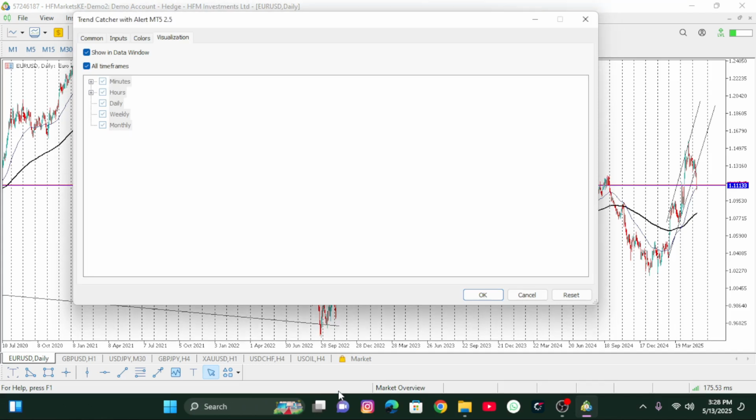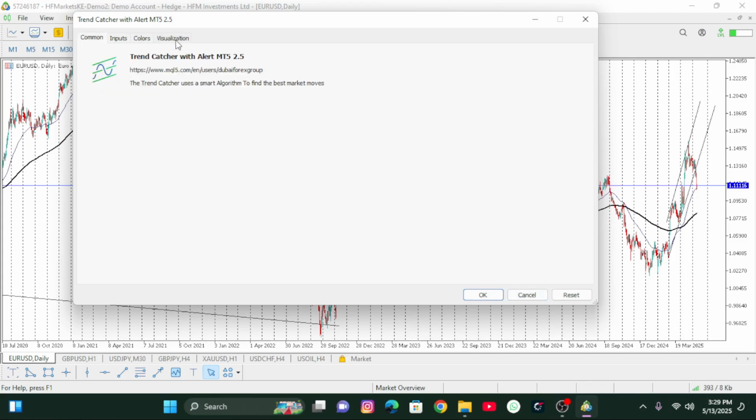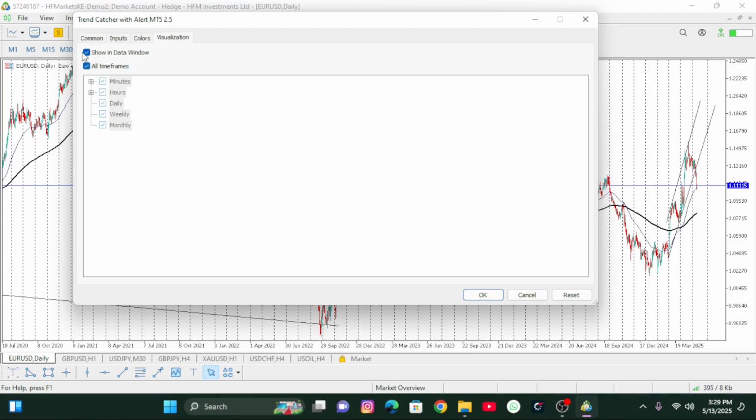And now here is where we can input it. One thing I forgot to show you, there is a set of instructions attached to it. Be sure to read it. One of them is that this indicator should be used mostly on the 1 hour time frame. So on this pop-up menu, I'll come to visualization, where they have ticked all time frames. This means it will appear on all time frames, but for me personally, I wouldn't want it to appear on all time frames.